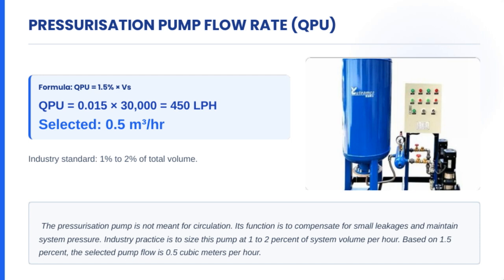Choosing a flow rate within this industry range ensures the system remains reliable without oversizing the pump. So, by selecting 1.5%, or 0.5 cubic meters per hour, we're aligning with best practices to maintain system integrity efficiently. This approach helps us balance performance and cost, ensuring the system functions smoothly over time.